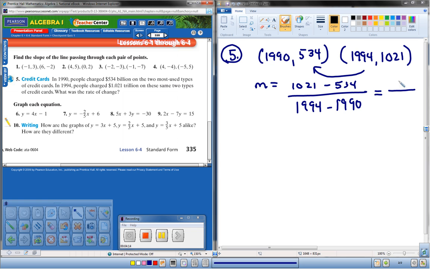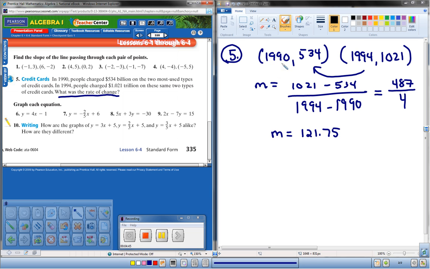Yeah, 487. Divided by, I don't need help with that one. That's 4. And so, if it says rate of change, we're going to divide these out. And we should get an answer of about 121.75.